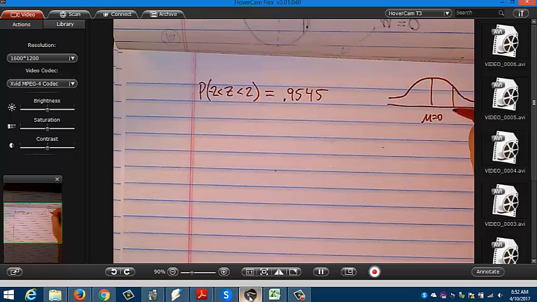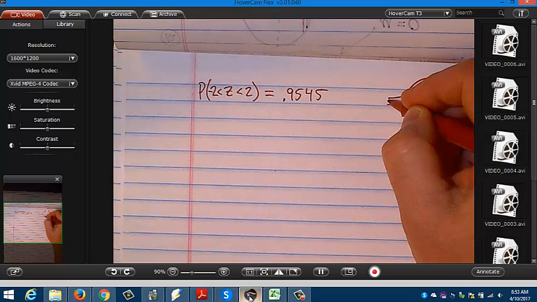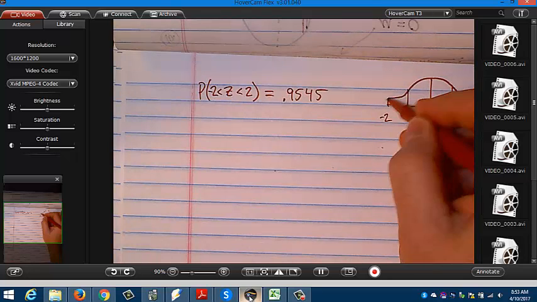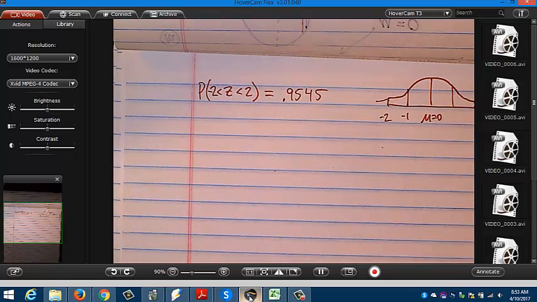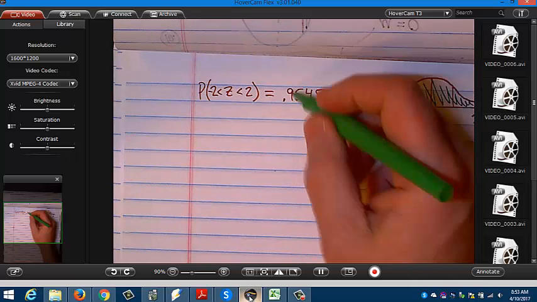Here's 1. Here's 2. Here's -1. And here's -2 standard deviations. Most of the area, how much? About 95% of the area is within 2 standard deviations of the mean.